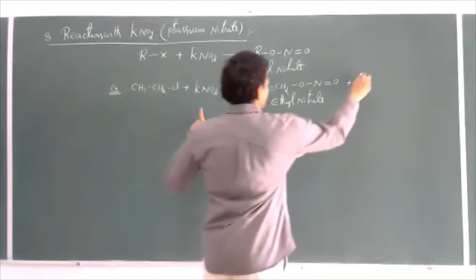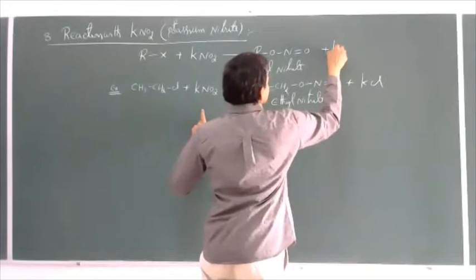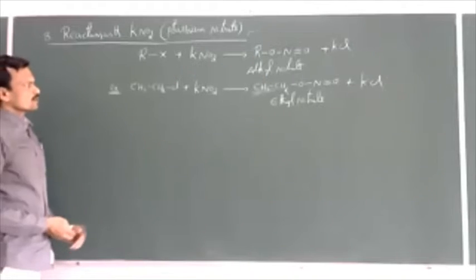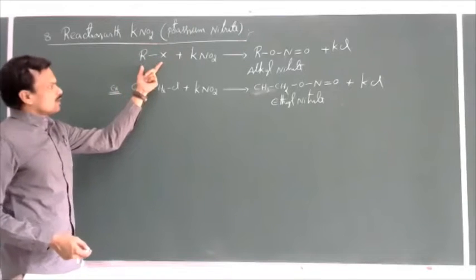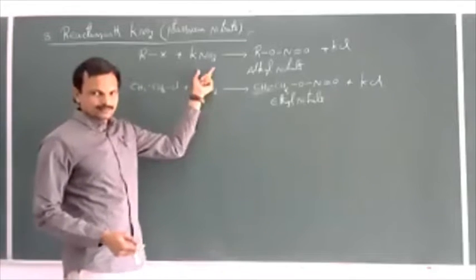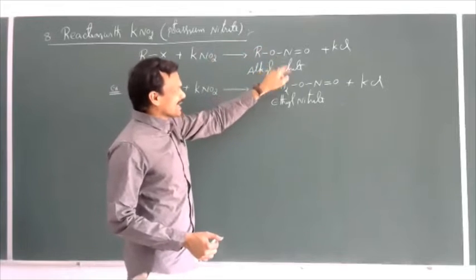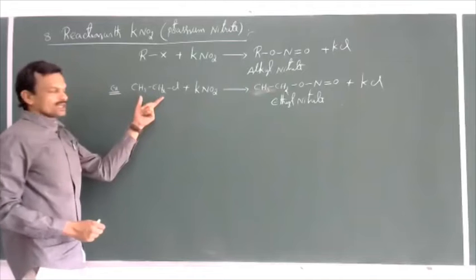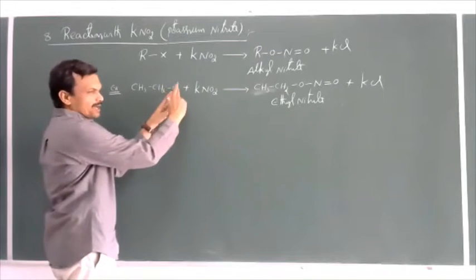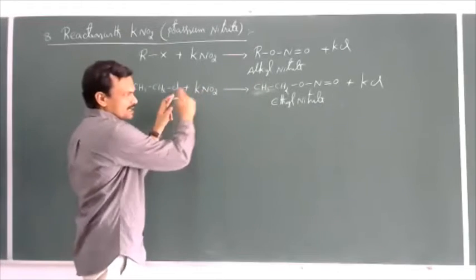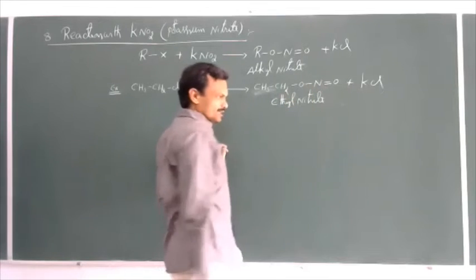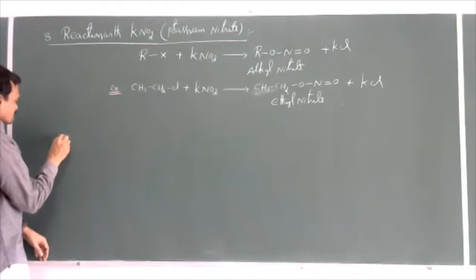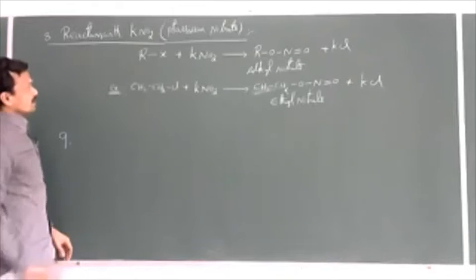Plus the byproduct is KCl in both cases. So haloalkanes, when allowed to react with potassium nitrite, give alkyl nitrite as the product. For example, if you take ethyl chloride, this Cl minus is replaced by NO2 minus, and we can get ethyl nitrite. Suppose the same reaction is carried out with AgNO2.